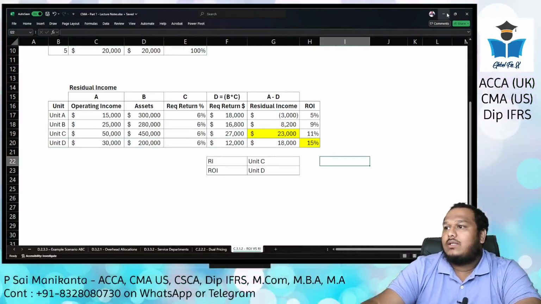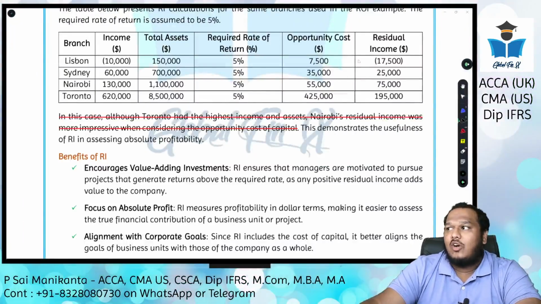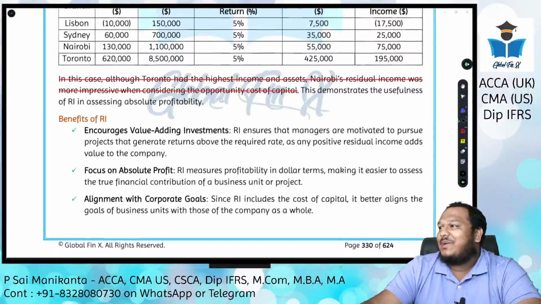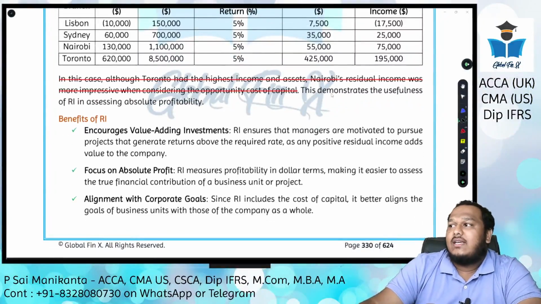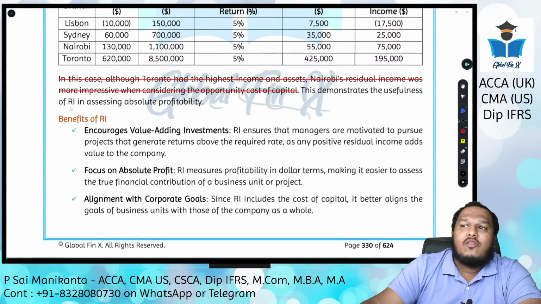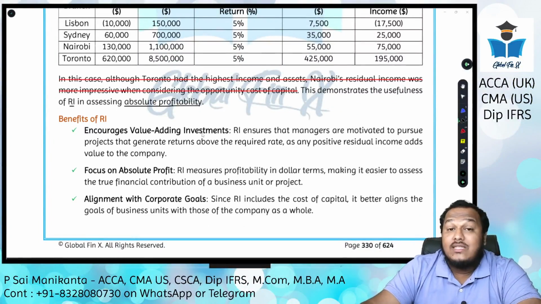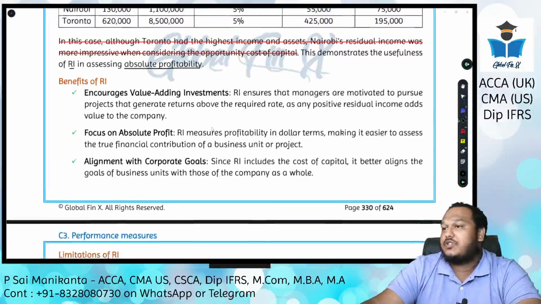So that is what this statement was. These numbers did not really support that statement, so ignore that mistake there. Next: this demonstrates the usefulness of RI in assessing absolute profitability. Sir, absolute means dollar amount, it's not a percentage.